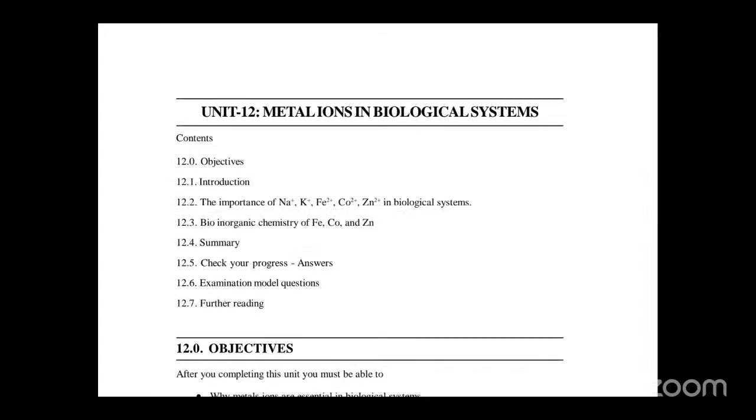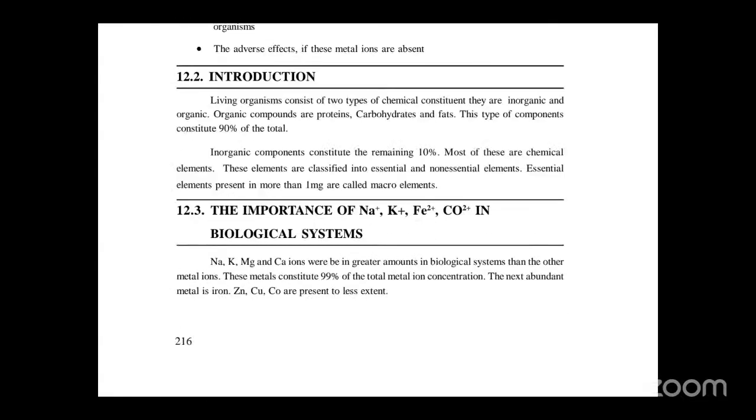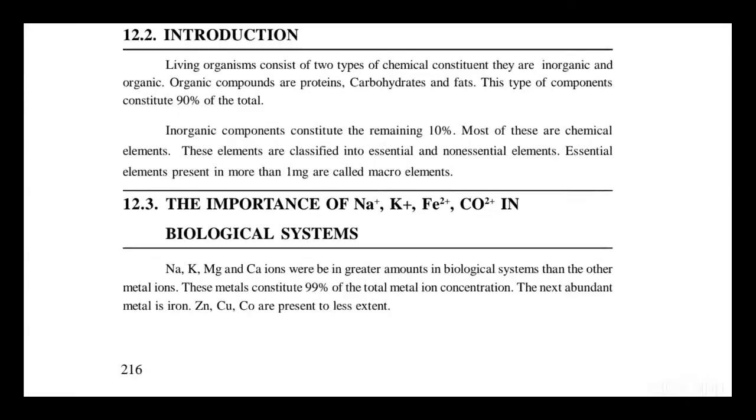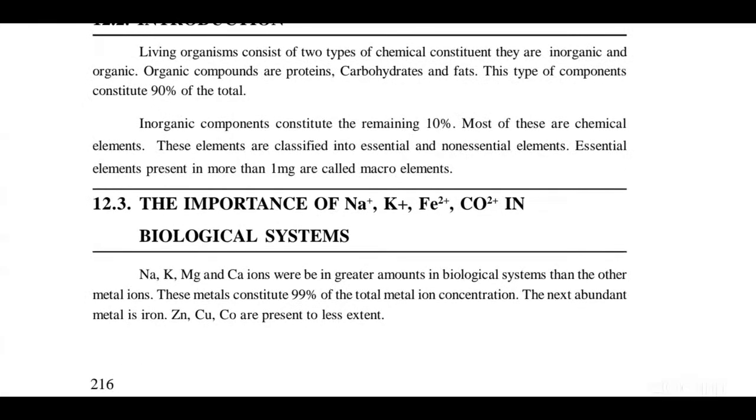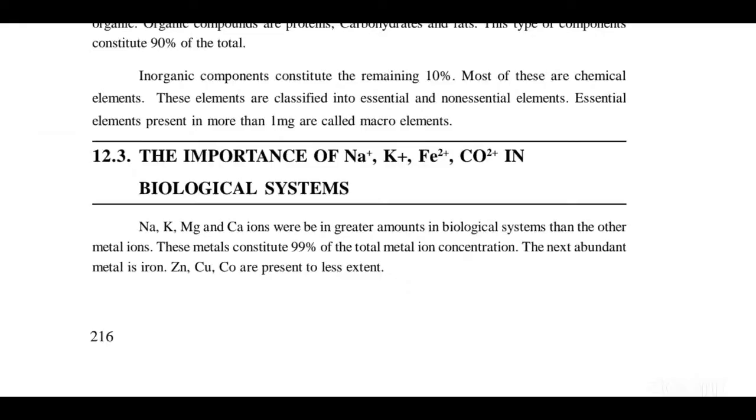Next, metal ions in biological systems. Here is the importance of the metal ions: sodium, potassium, ferrous, ferric, and carbonates in the biological system. What are the roles of these metal ions?